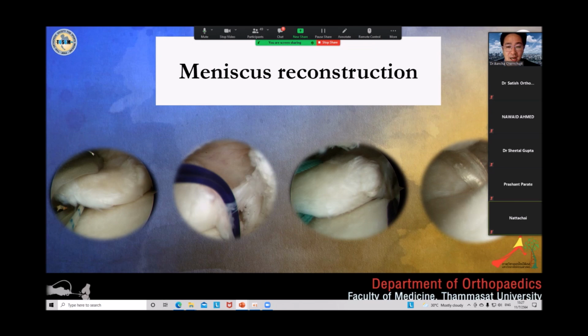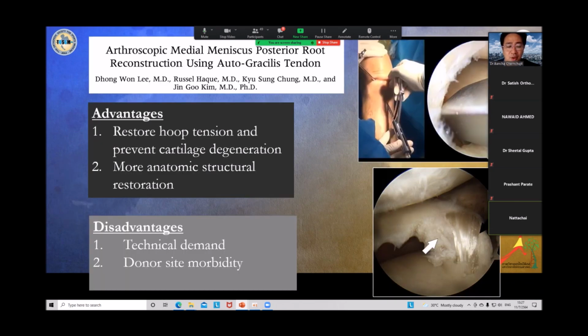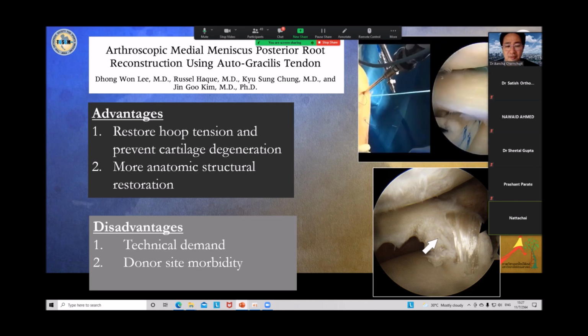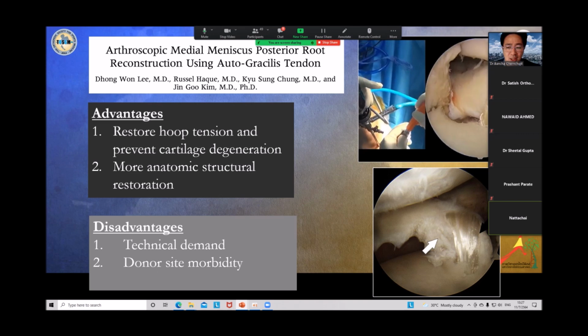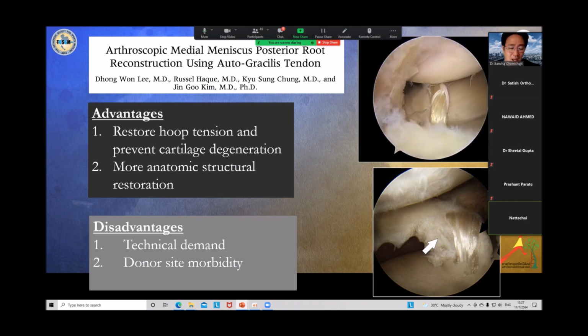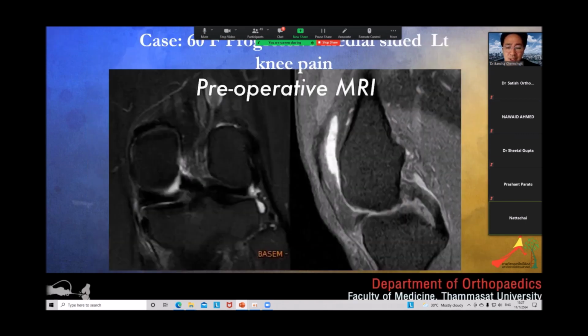The last option is root reconstruction, proposed by Dr. Kim from Korea. They found that in chronic cases with a big gap, suture repair is sometimes not reliable.